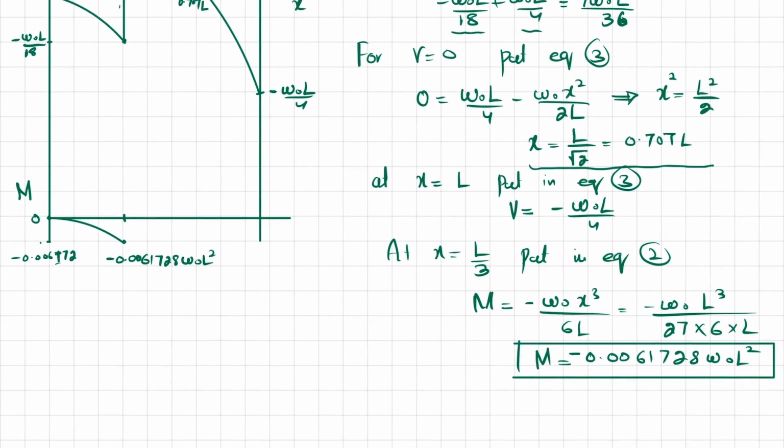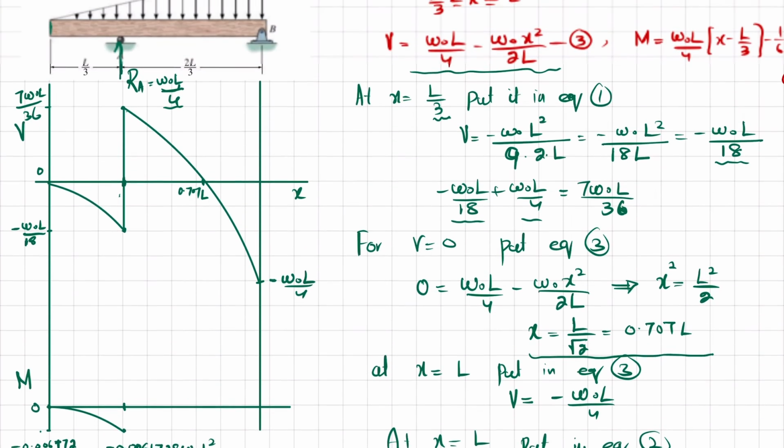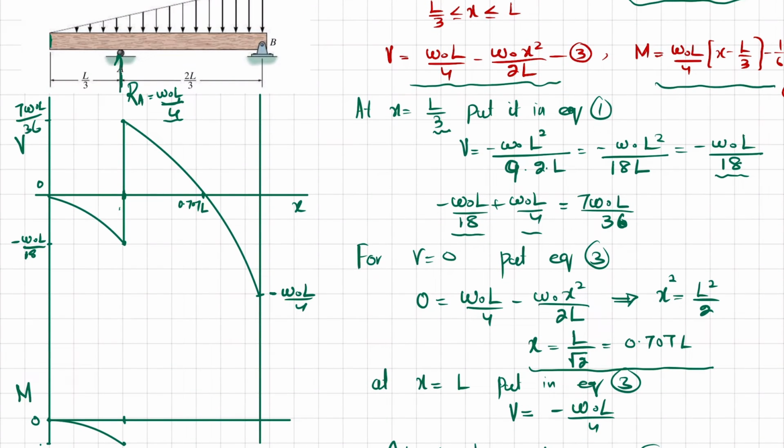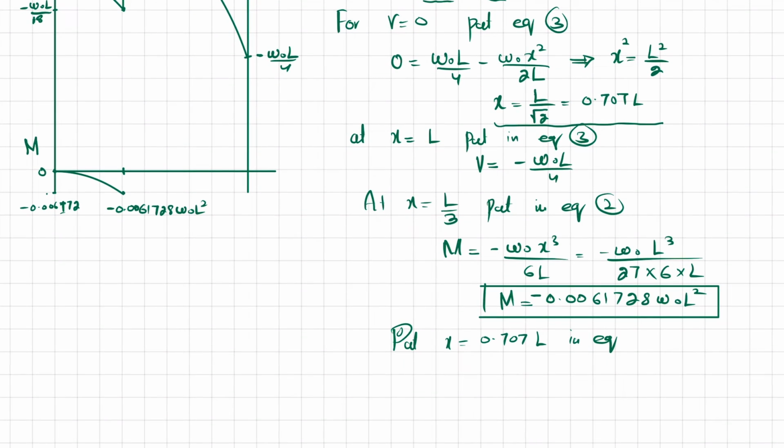So put x is equal to 0.707 L in equation number 4. So when you put it in equation number 4, this is your equation number 4. So when you put that, what will be the answer?